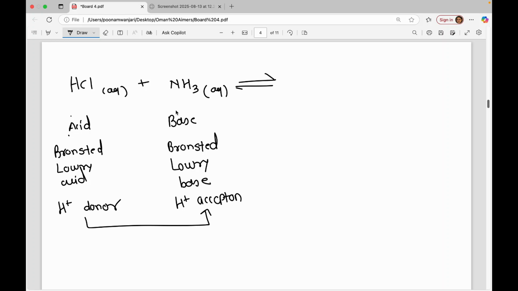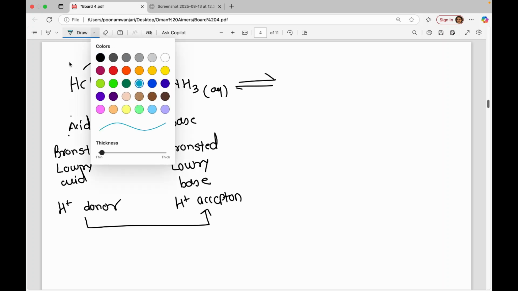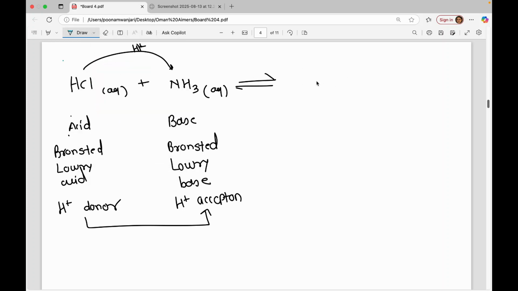After donation of this one H plus, it will be an ammonium ion, because it is gaining one proton, so it will be NH4 plus. And HCl is losing one H plus, so it will be the chloride ion. So this is called the ammonium ion, and this is the chloride ion.